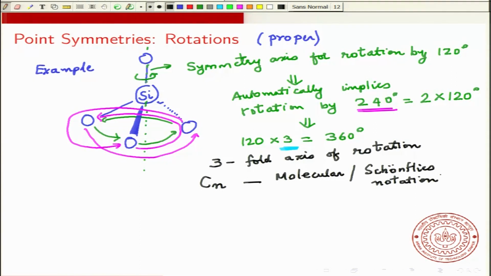This is very common in spectroscopy. Or we will just call it 3 in what is called the Hermann-Mauguin notation.